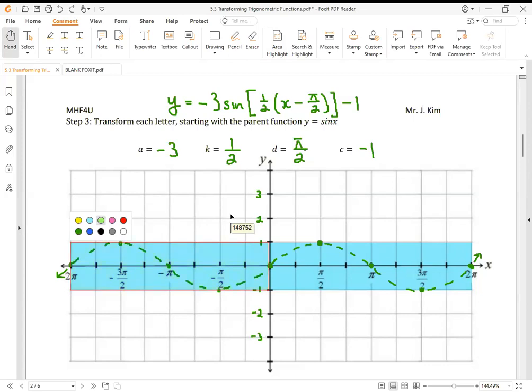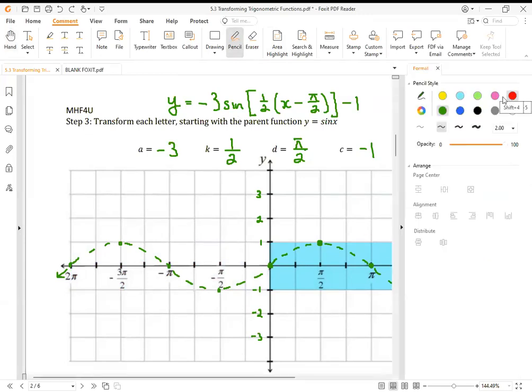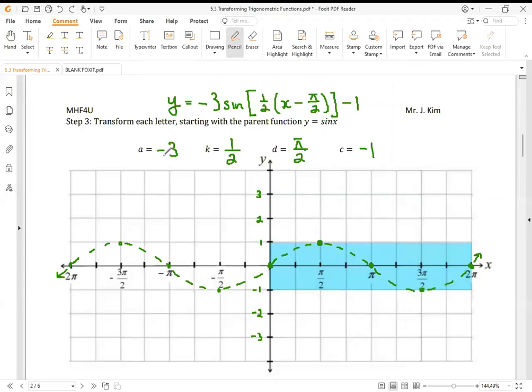All right, moving on. My first transformation is -3. I am going to take the liberty to do, let's do fuchsia, the negative reflection and the multiplication of 3 at the same time. So 0 times -3 is 0. 1 times -3 is -3. 0 is also 0.